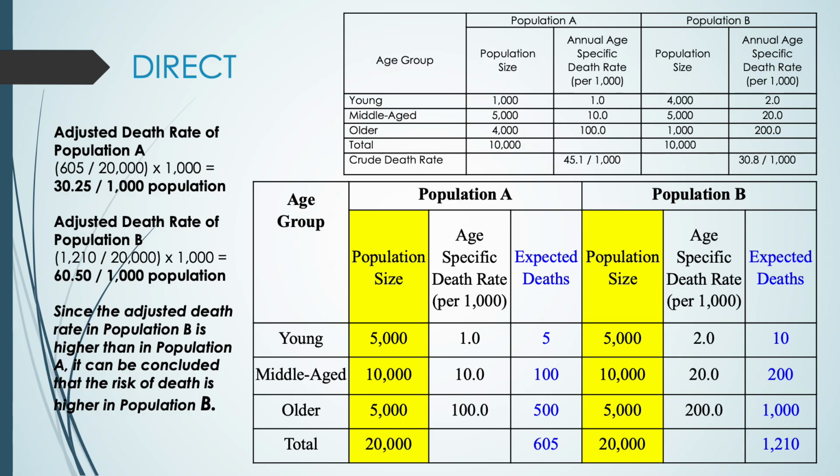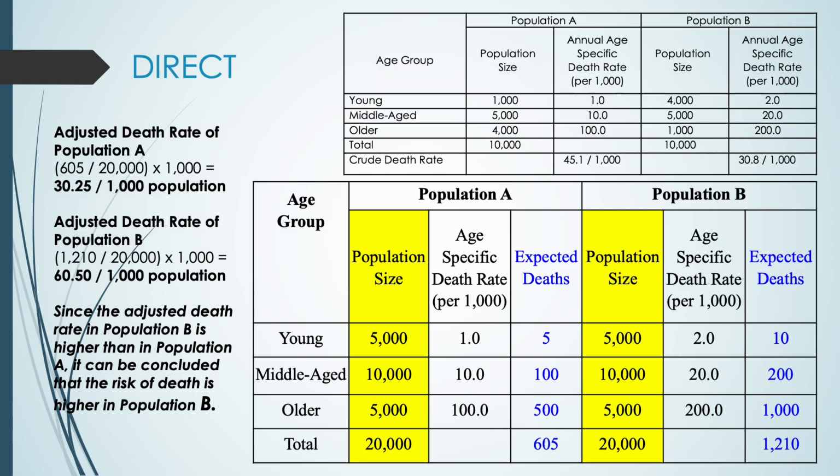The adjusted death rate of population A is equal to the total expected deaths, which is 605 in A, over the standardized total population, which is 20,000, and we multiply this by 1,000 as in the death rates, and the answer would always be per 1,000 population.